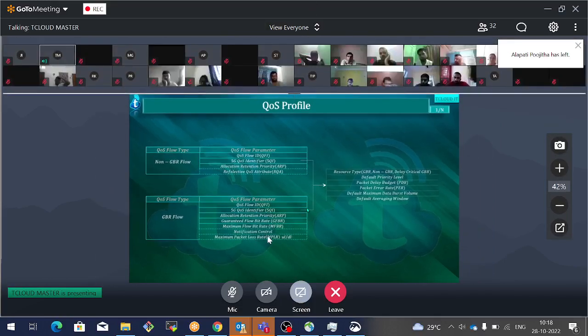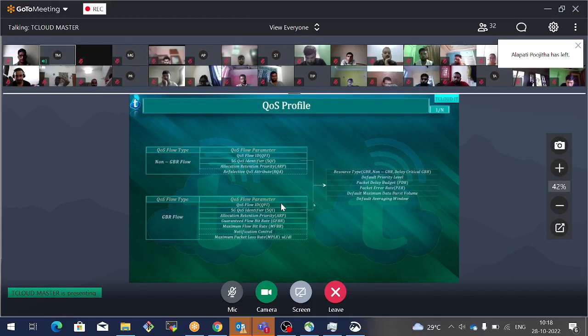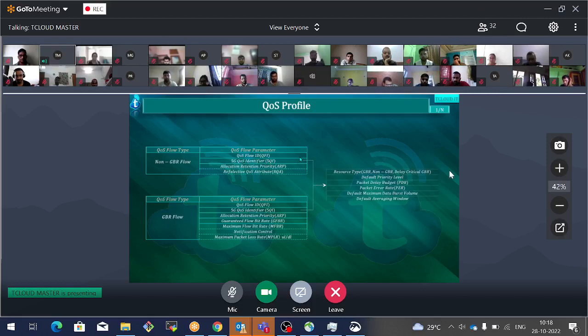Now, it is the expansion that we have to do for this 5QI, 5G quality of service identifier. This 5QI, as I told you, is a set of quality of service properties, and each set of quality of service properties has a number associated with it.